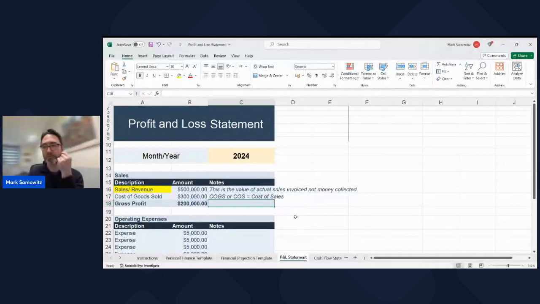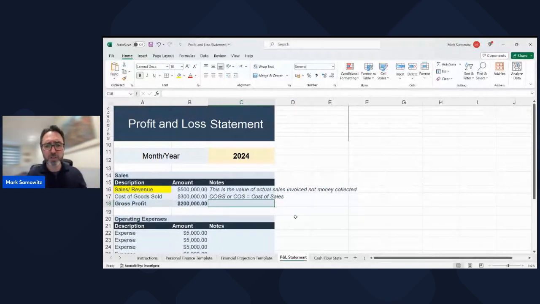So, for example, if we ran a shoe store and sold a pair of shoes for $100, which we purchased from our supplier for $50, the cost of sale would be $50. So it would be $100 in revenue, $50 in cost of sales, and our gross profit would therefore be $50.